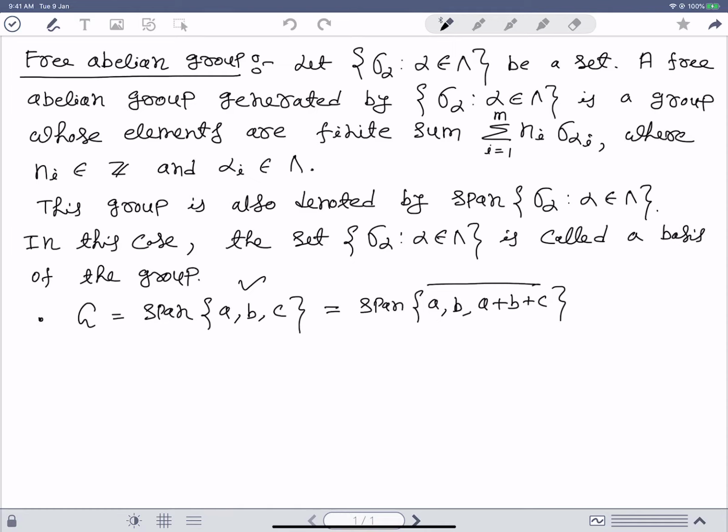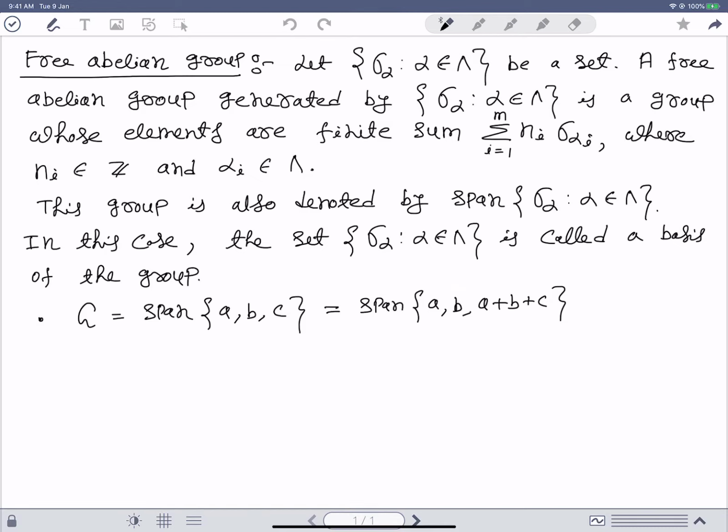That means if you take an element from this span, then you can write it as a combination of A, B and C. Therefore if G is a span of some objects A, B, C, then this is also a span of A, B and A plus B plus C.